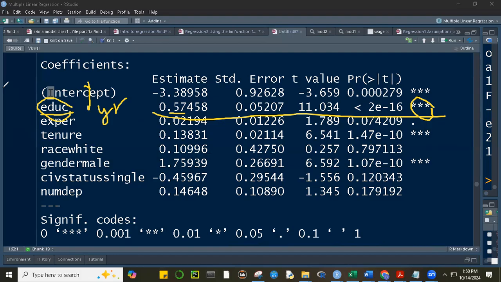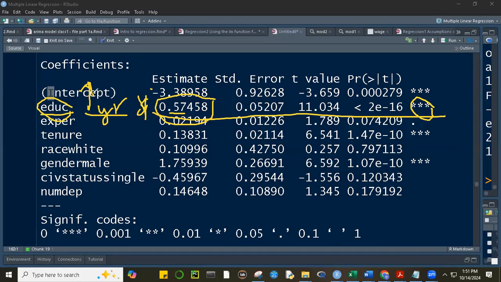So you have to interpret that slope class consistently. Whatever the dimension of your dependent variable, independent variable, kailangan yun ang gagamitin mo. No? So this is saying that for every 1 year increase in education, notice I said increase in education, there's a corresponding $0.57. Okay, why dollars? Kasi class, yung hourly wage natin is in dollars. No? So I'm reading this in dollars.